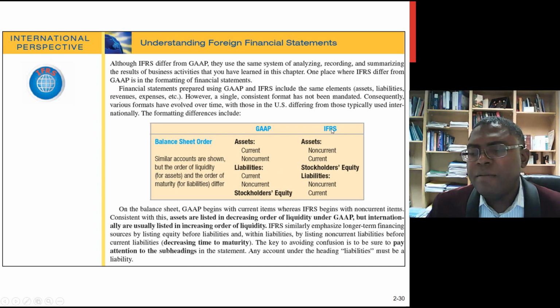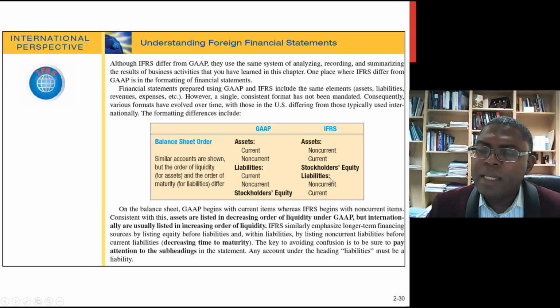For the International Financial Reporting Standards, the assets will rather be listed based on the non-current and then the current assets. And then the stockholders' equity will come first before the liability accounts.